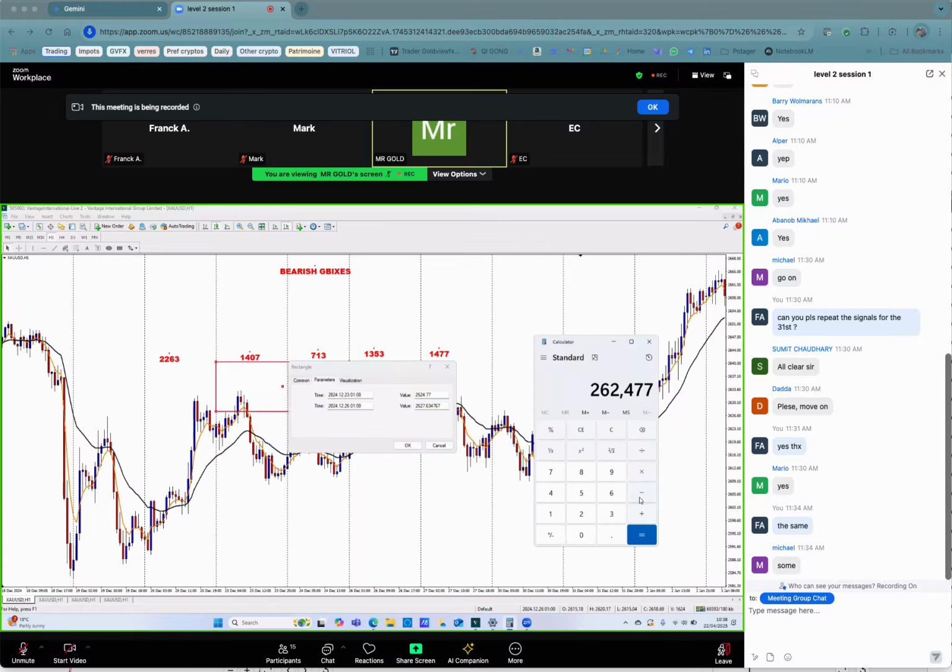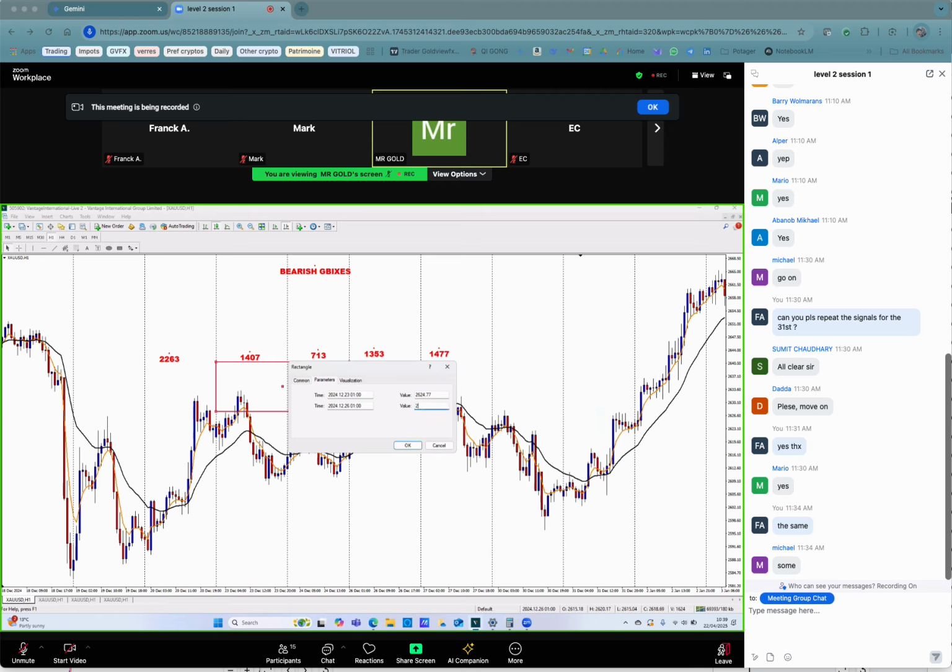When it was the G boxes on the bullish boxes, we did the value plus the G value. But on the bearish box, because we're going down, not up, it's not plus, it's minus the G value, 2263. Now it gives me a figure of 2602.14. Press OK. And I have my first box here.